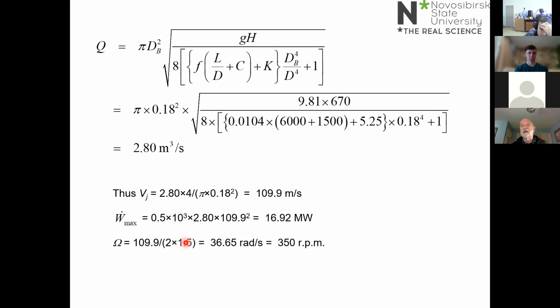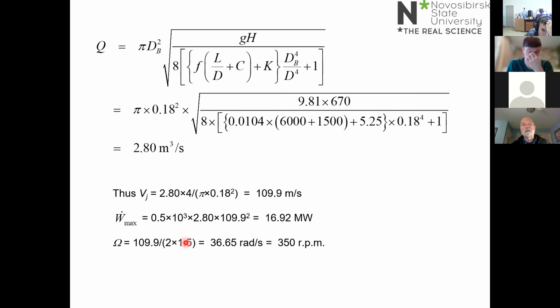So again, they're not difficult calculations at all, but these are the sort of very basic calculations that go behind, say, the feasibility study that you would do if you were going to do a Pelton Turbine project. Okay, so that's the end of the first part of the lecture on Pelton Turbines.